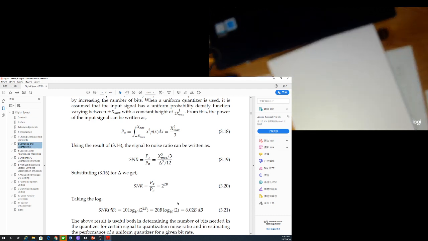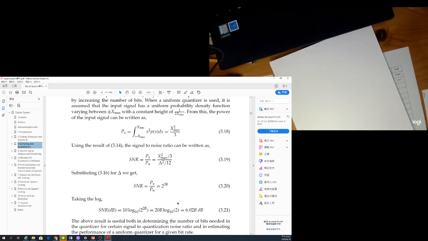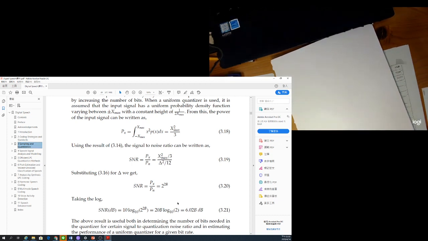You should keep this in mind and try to remember it. For a given probability density function, you can improve the performance just by increasing your quantization bits. Maybe from 4 bits to 5 bits to 6 bits. Increasing 1 encoding bit will double your quantization levels, so you increase the signal to noise ratio by 6 dB.